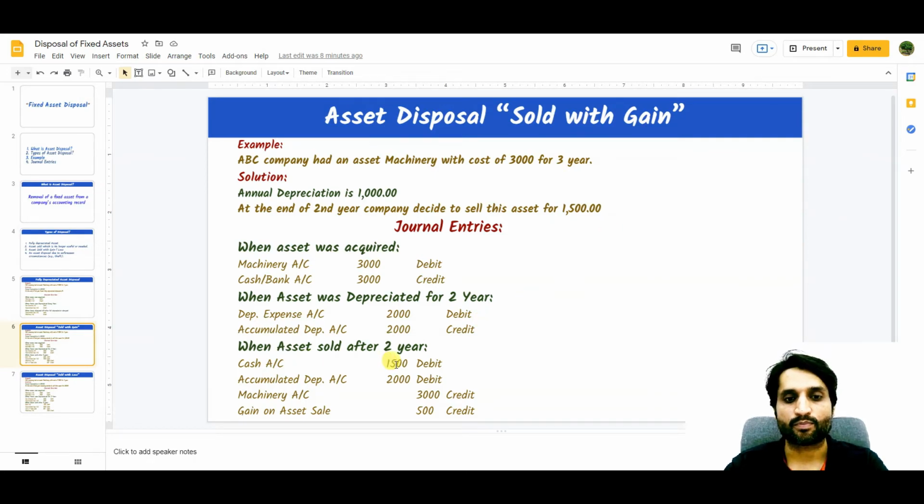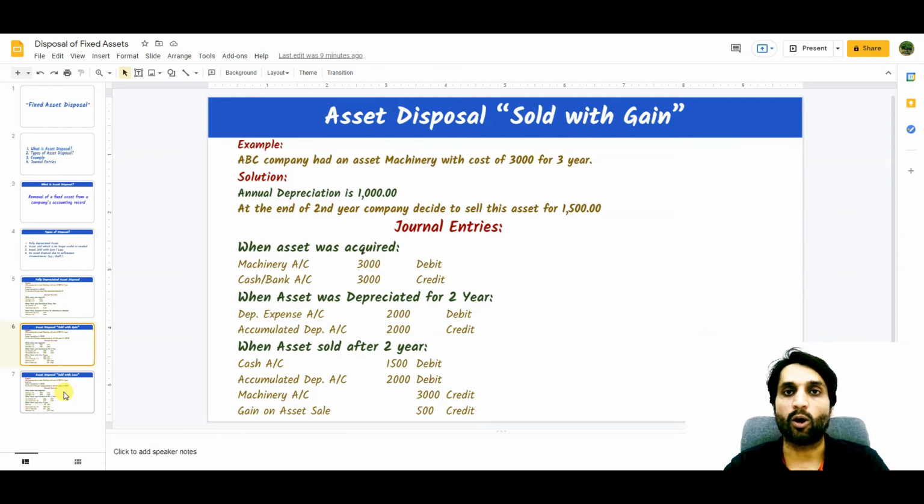So cash 1,500 debit, as we receive cash from a client. Accumulated depreciation of 2,000, which was credit, we make debit to reverse the effect as we dispose of this asset. Machinery account with 3,000 credit, and gain on asset sale is 500 credit. So 3,500 on the credit side and 3,500 on the debit side, our entry is correct.